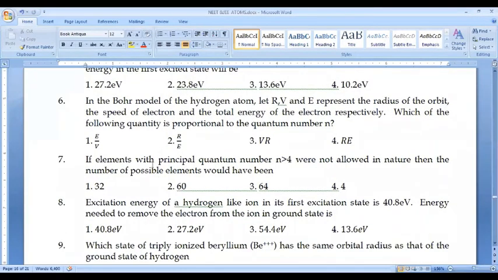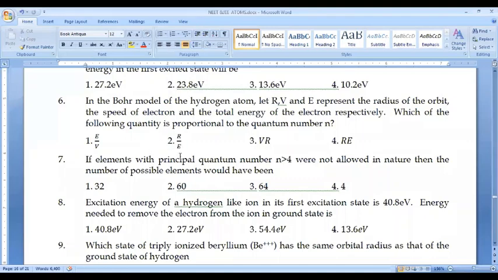Now the sixth question. In Bohr's model of a hydrogen atom, let R, V and E represent the radius of the orbit, speed of the electron, and total energy of the electron respectively.